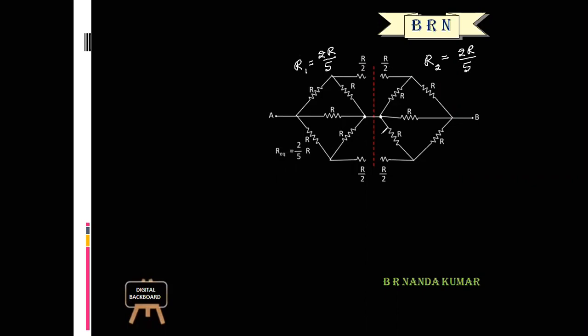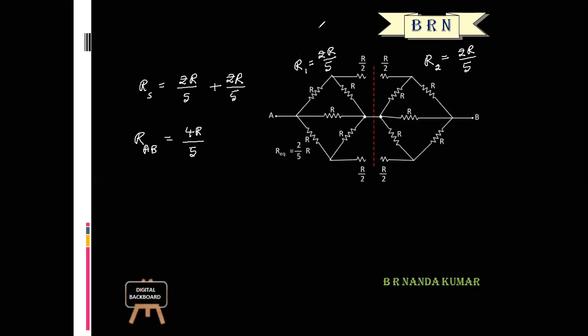So now R1 and R2 are both connected in series. So what is the effective resistance? Rs is equal to R1 plus R2, right? 2R divided by 5 plus 2R divided by 5. So the effective resistance across the terminals A and B is 2R by 5 plus 2R by 5, which is 4R divided by 5.